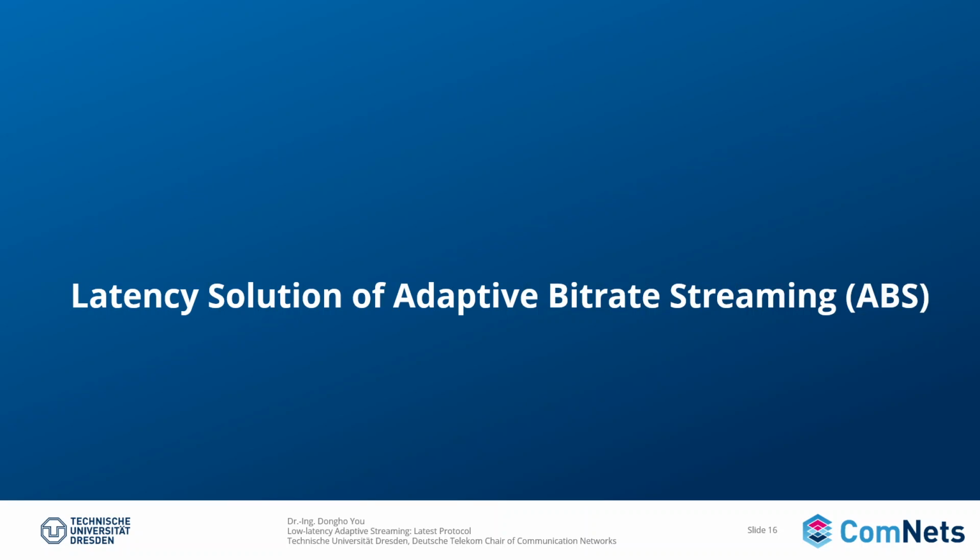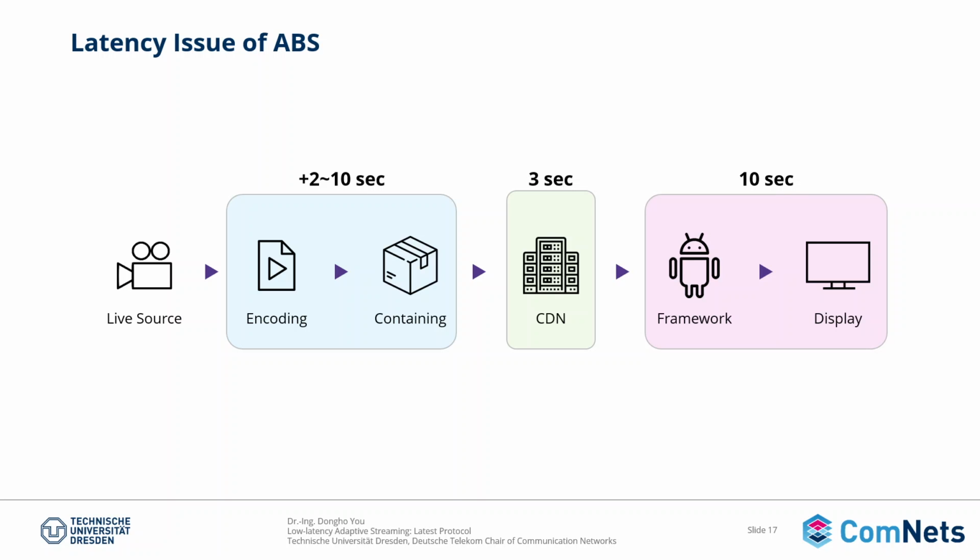So good. Now let's see the latency solutions of adaptive bitrate streaming, ABS. Let me introduce again these blocks where the latency occurs. Let me consider the blue block as an encoder, the CDN as a server, and the framework and display as the decoder.